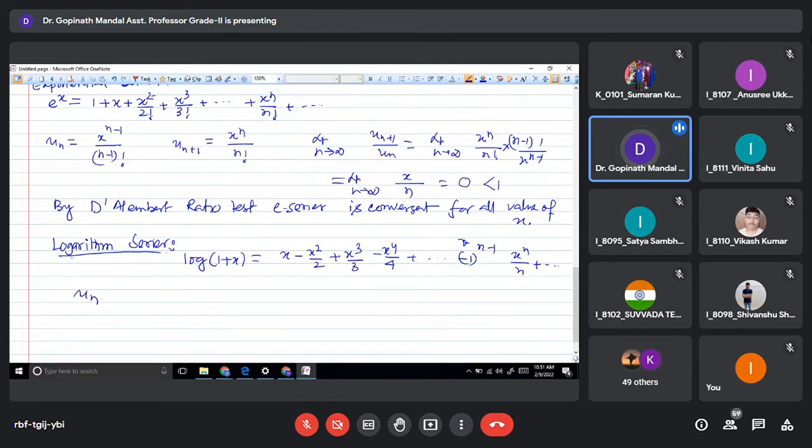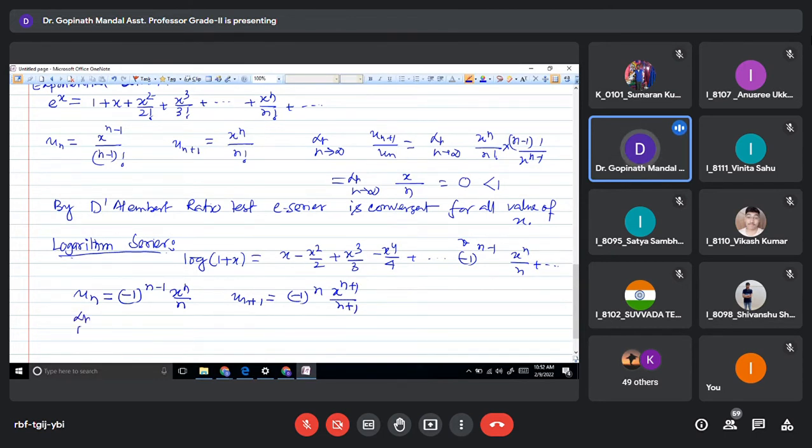So here un is equal to minus 1 to the power n minus 1 x to the power n by n, and un plus 1 is equal to minus 1 to the power n x to the power n plus 1 by n plus 1.